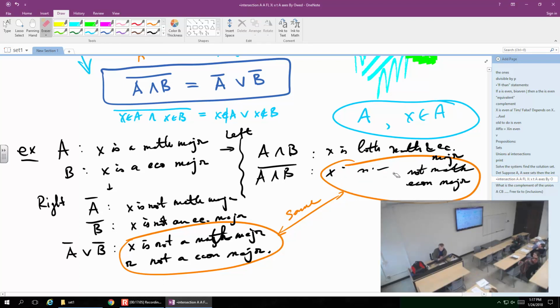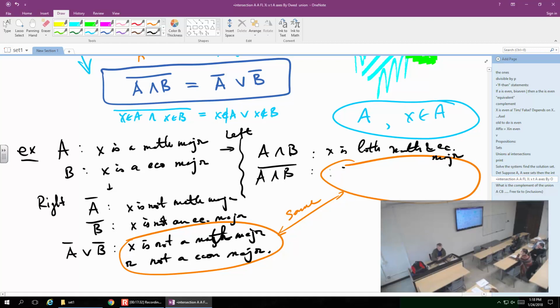Let's start over here. We're negating when we put the statement A and B together. So A is both math and economics major. Let's use logic, use the formula rather than our common sense, and just confirm the formula in a way that is not jumping to conclusions. So I'm negating the statement x is simultaneously a math and economics major.